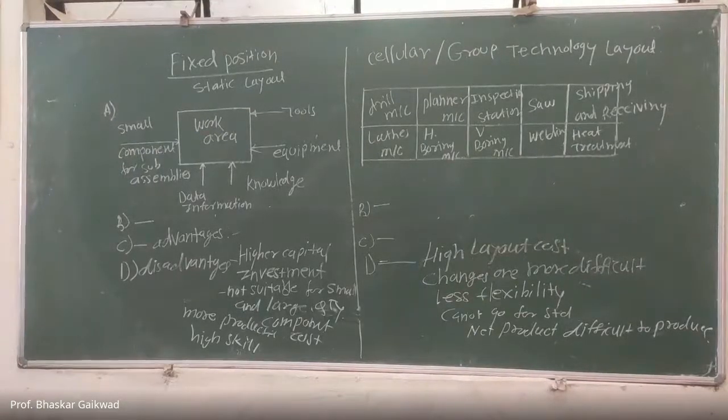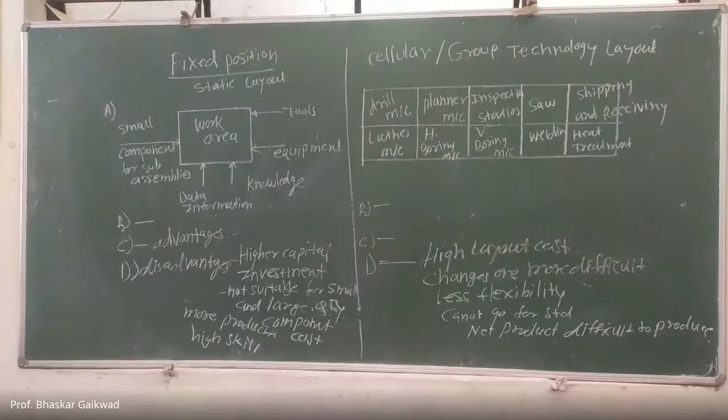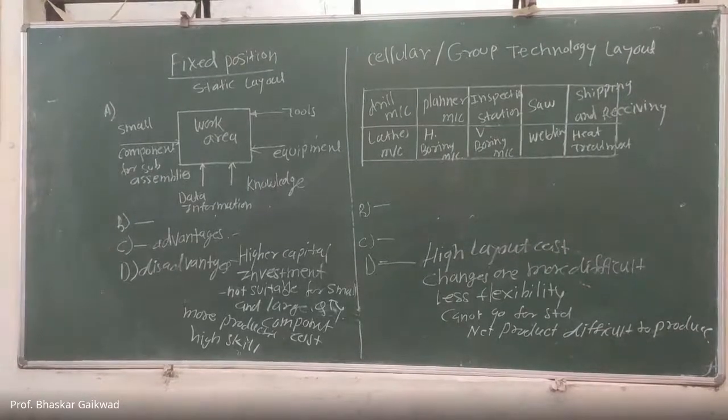So whenever you are in industry, first there is a need to recognize the types of layout. If you are not using the specific layout for manufacturing a specific product, then ultimately there is low production, lower productivity, cost will be more, and it is difficult to run that industry.